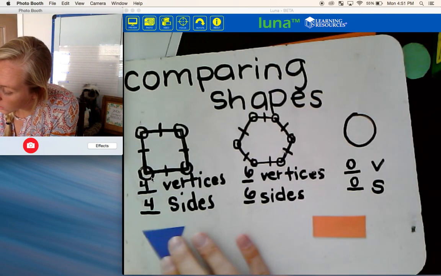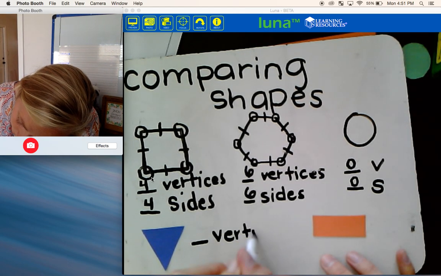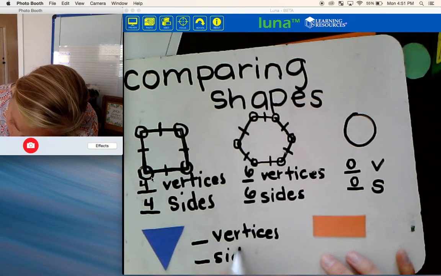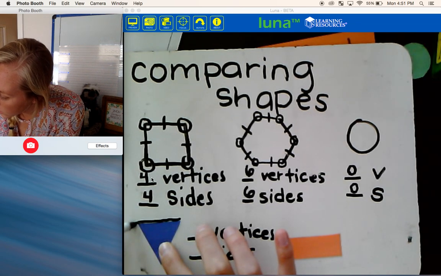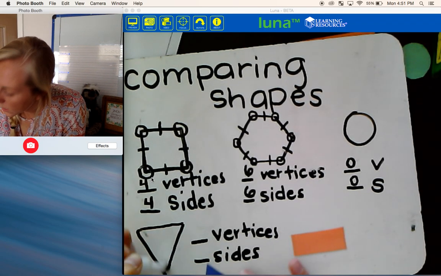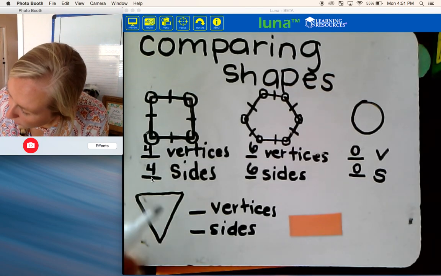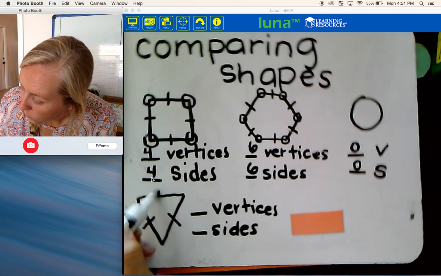All right, so now we're going to go down to our triangle. I'm going to write vertices, and I'm going to write sides, and then I'm going to trace my triangle here. You may already know this, but we're going to go over it again. Let's count our sides on our triangle. 1, 2, 3.